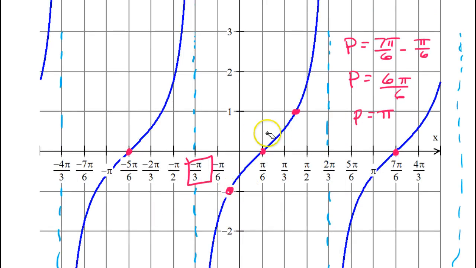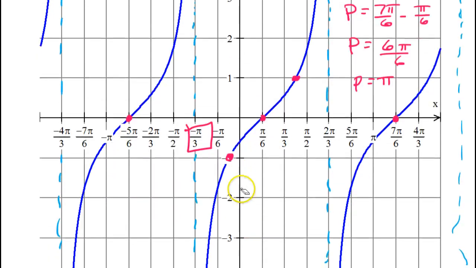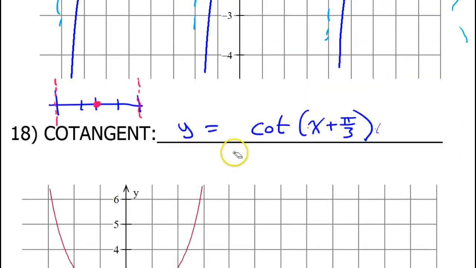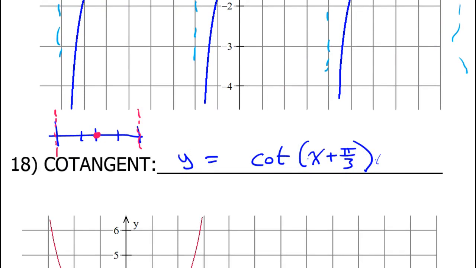So is this right side up for cotangent, or is it upside down? Well, the normal cotangent function, meaning just the original y equals cotangent x function, is always decreasing. It's always going downhill like this.